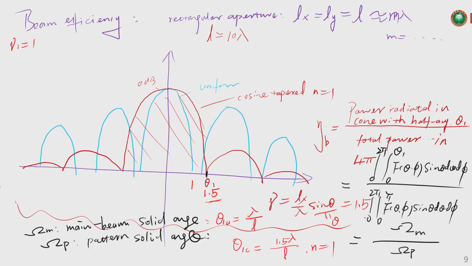So for L equals 10 lambda, theta 1 equals 1 over 10, so it equals 0.1 rad, and for the tapered case theta 1 equals 0.15 rad.